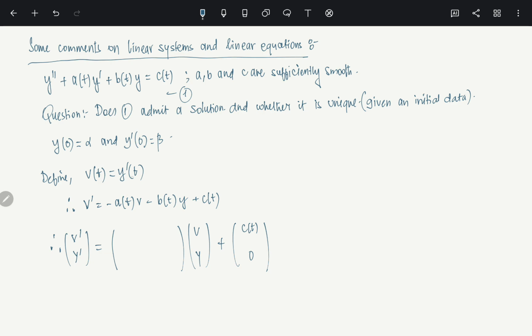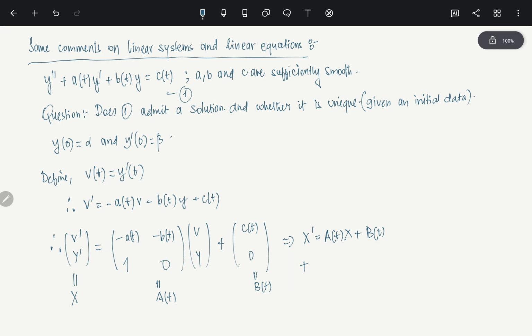Since y prime is nothing but v, the first row is 1, 0, and v prime is nothing but minus b t times y minus a t times v. Clear? If you define this vector as capital X, this matrix, which of course depends on t, as A of t, and this as B of t, then we can write x prime is nothing but A t times x plus B t, plus the initial data.